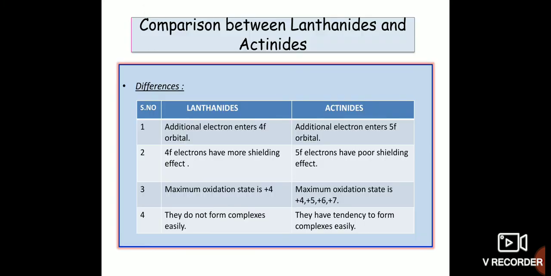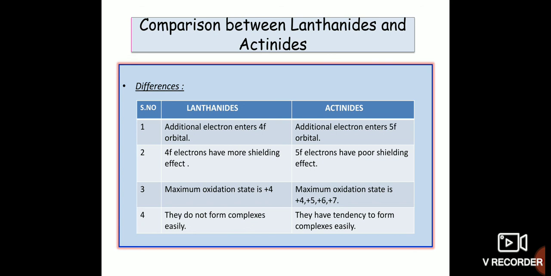And coming to the differences, in lanthanides the additional electron enters a 4f orbital, whereas in actinides it enters a 5f orbital. 4f electrons have more shielding effect, whereas 5f electrons have poor shielding effect. That's why actinide contraction is much more seen than lanthanide contraction.